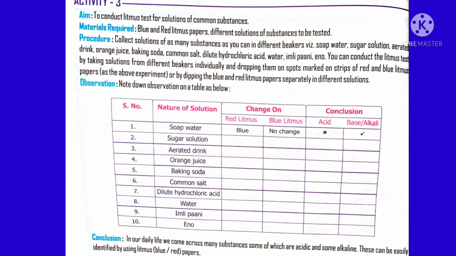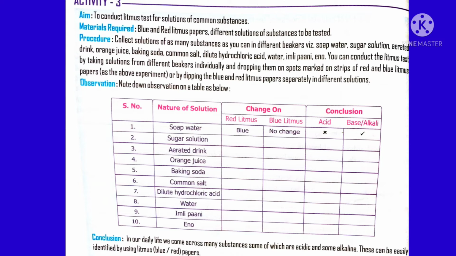Now in activity 3, you are going to conduct the litmus test for several substances like soap solution, sugar solution, aerated drink, orange juice, baking soda, common salt, dilute hydrochloric acid, water, imli pani, ENO. You know that soap contains base, so it will remain blue. Sugar solution, no change, because it is neither acid nor base.